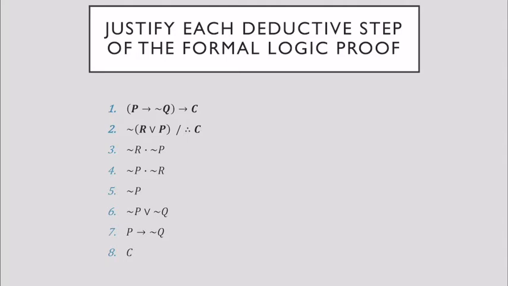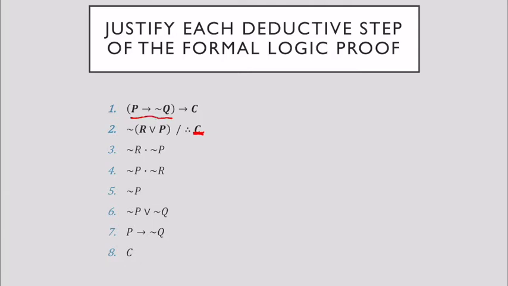That's my goal. As you can see, we got C all by itself. So somehow I'm going to have to find P implies not Q in order to get C all by itself using modus ponens. So that's our first step. That's where we can see where we're going.